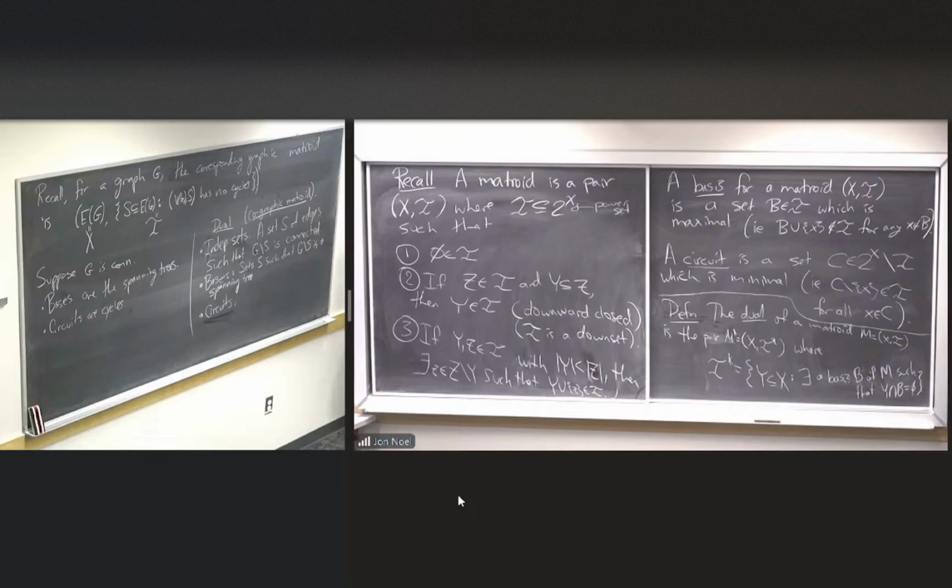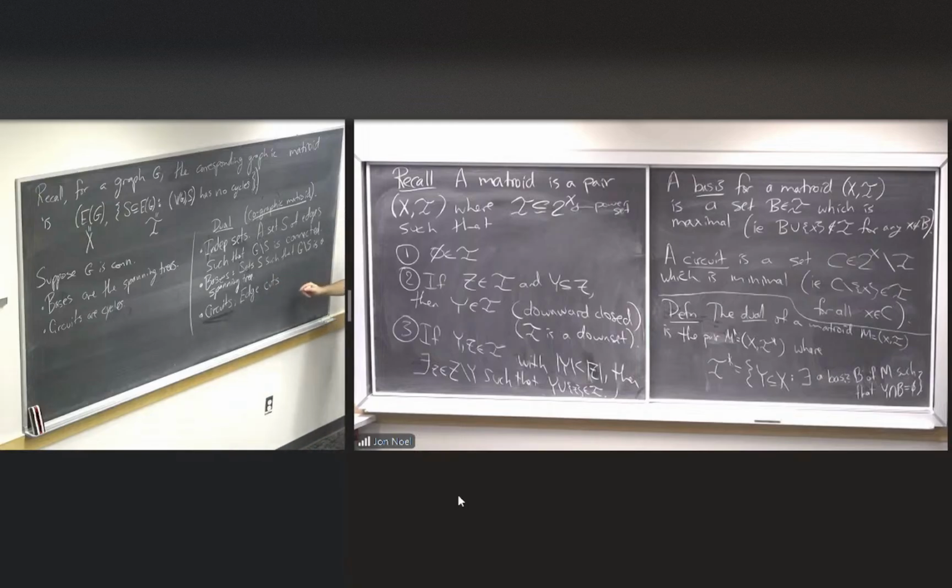So the circuits are going to be the minimal sets with that property. These are basically the edge cuts, like from the max-flow min-cut theorem and things like that.